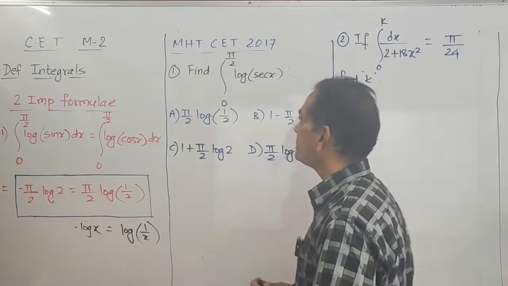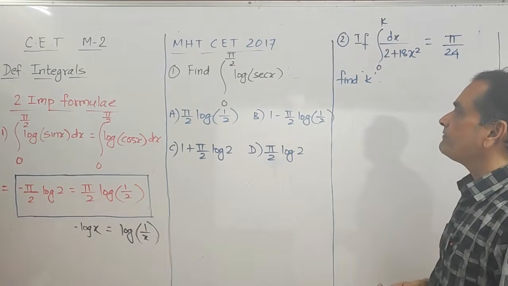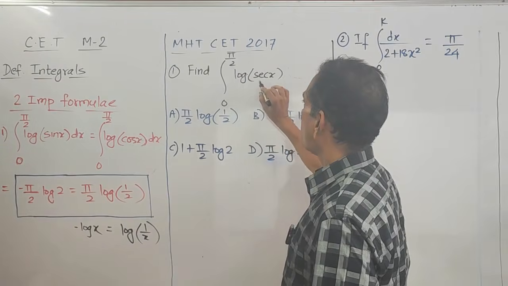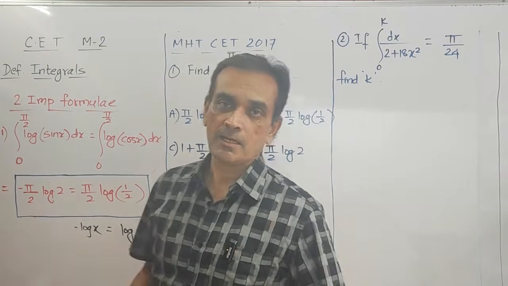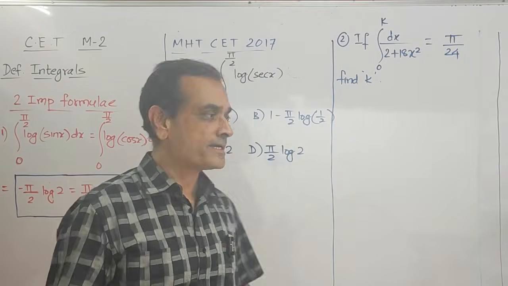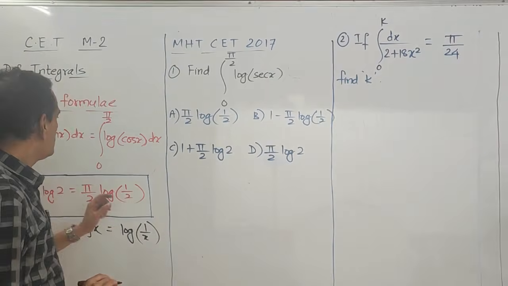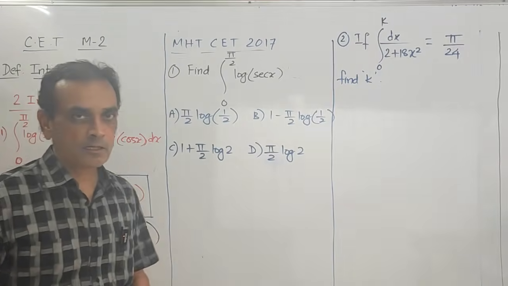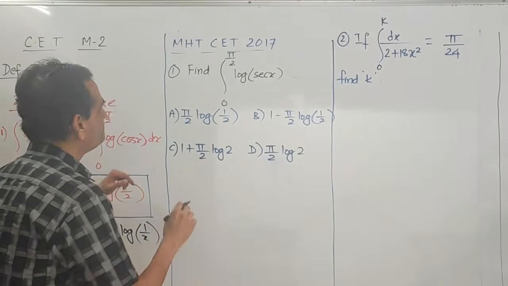Now in one CET question 2017, they have asked 0 to pi by 2 log of sec x. Okay, log of sec x. Now we know the formula for log of sin x and log of cos x. तो मैं क्या करने वाला हूं देखो.